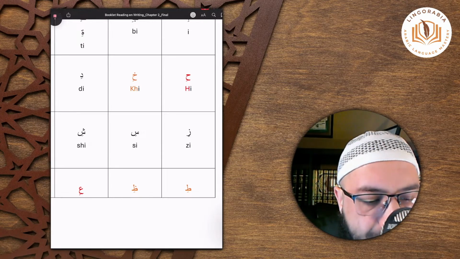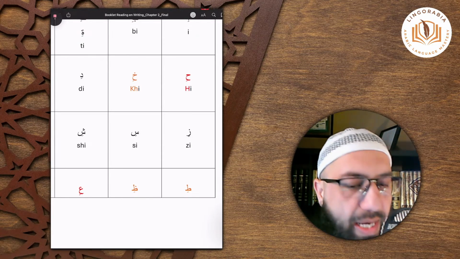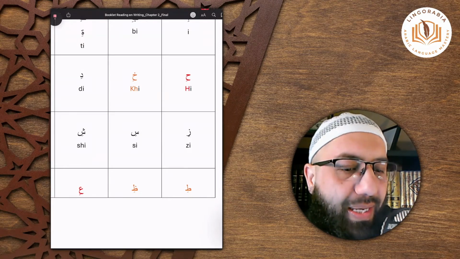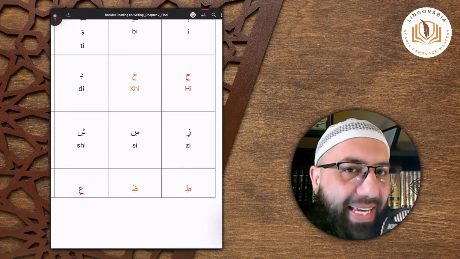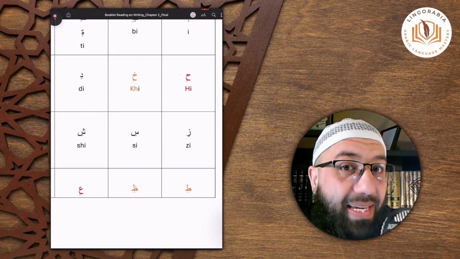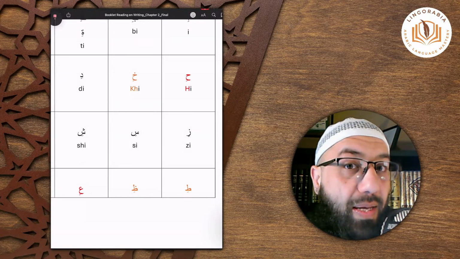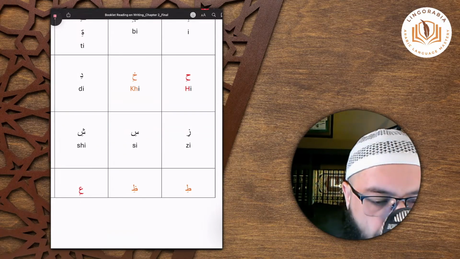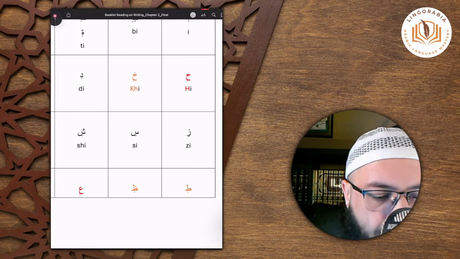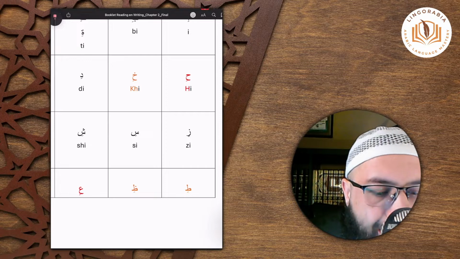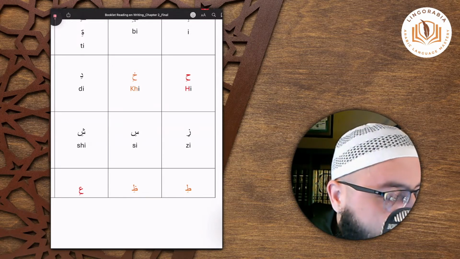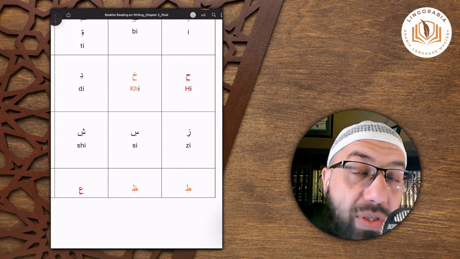Can you say D pronunciation again? Yes. So you got D, light, and D heavy. D, that's a dal, and then you got the dot, D. That's the heavy one. What parts of the mouth does each letter come from, guys? If you missed the letters, you have to go back to the first sessions.